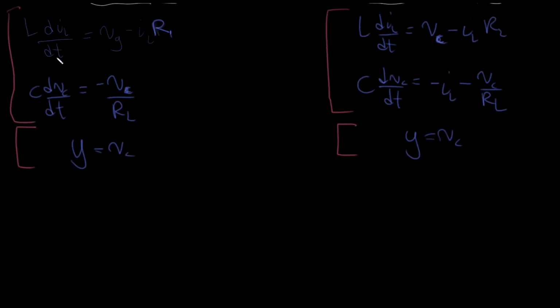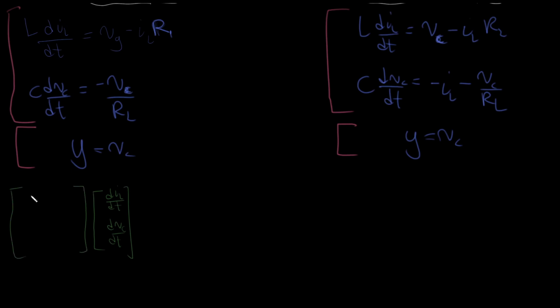dIL by dt is the derivative of the state variable IL. dVC by dt is the derivative of the state variable VC. Our state vector is x. The derivative of the state vector is x dot. So we're multiplying x dot, which I'll just write like this, dIL by dt, dVC by dt. We're multiplying it by something, right?